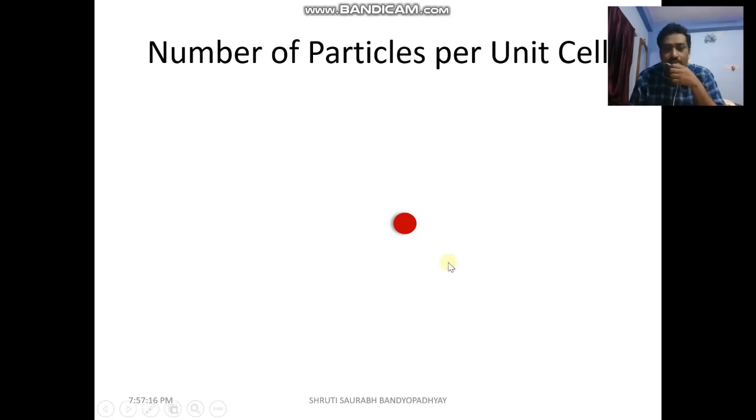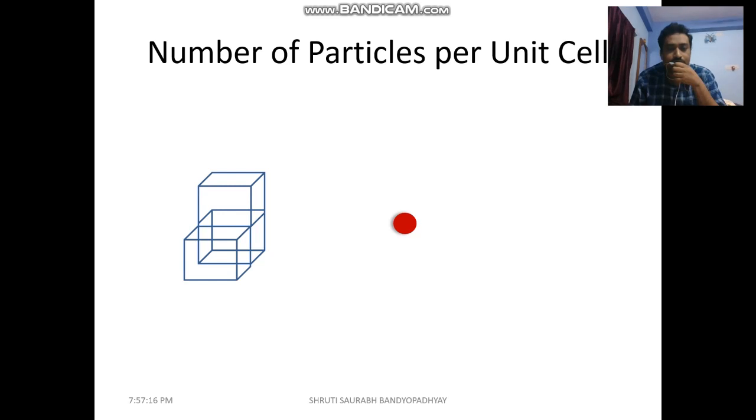So let us think about this red particle, and now I shall show you the formation of a lattice by joining cubic unit cells like this one over that one. 4 unit cells.